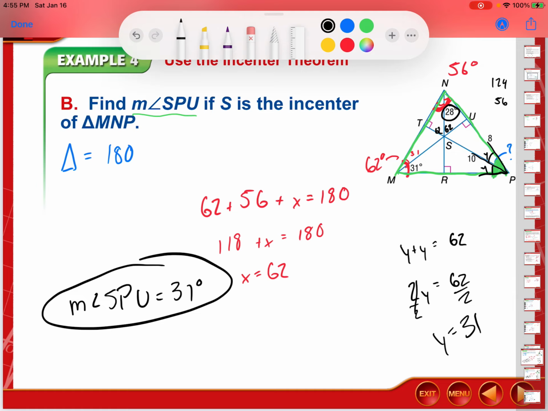Yes, that would have to be 56. And then... Oh. No, that doesn't make sense. This does not make sense. This is stupid. Yeah, so that would have to be 56.